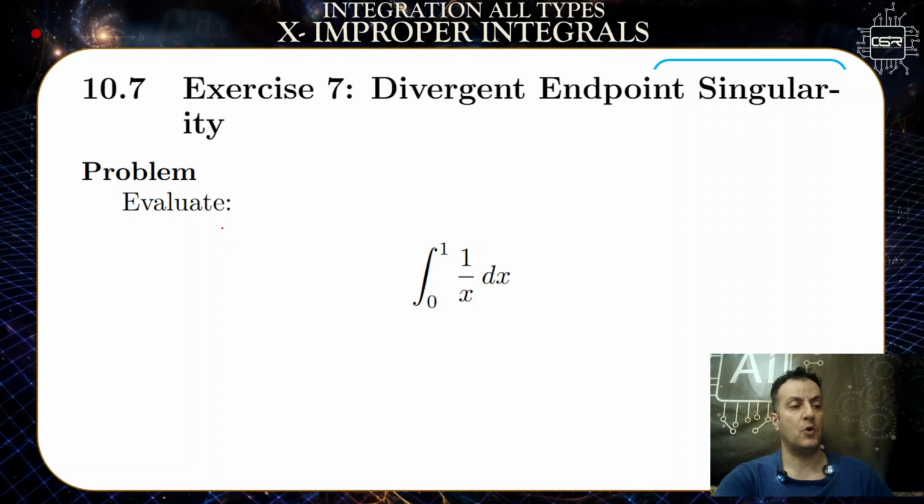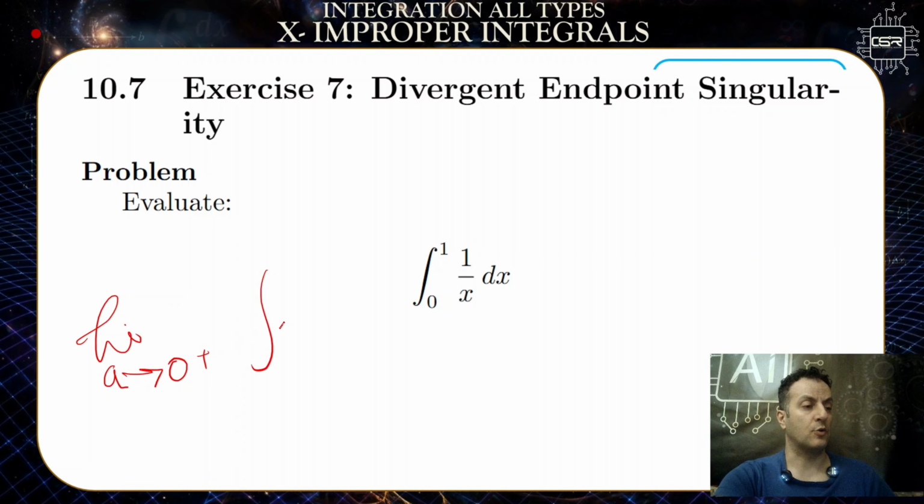Divergent endpoint singularity. Okay. Integral from 0 to 1 of 1 over x dx. It is equal to the limit as a approaches 0 plus of the integral between a and 1. Given that 0 in the denominator blows up, it makes it unsolvable.